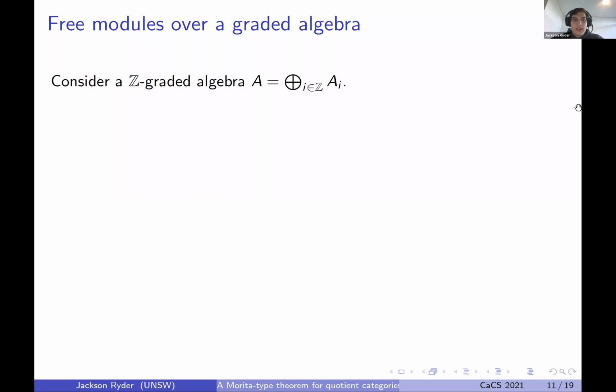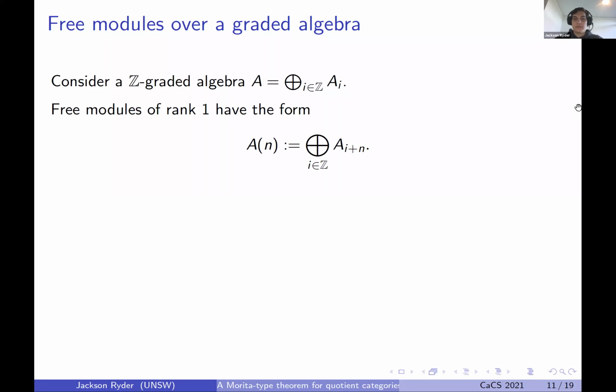If your intuition comes from regular algebras, you might not think this is too interesting, because if you have an ungraded algebra, the only rank 1 free module you have is that algebra itself. But with graded modules, we actually get countably many free modules of rank 1. We get all the shifts of this algebra that we get just by shifting the grading.